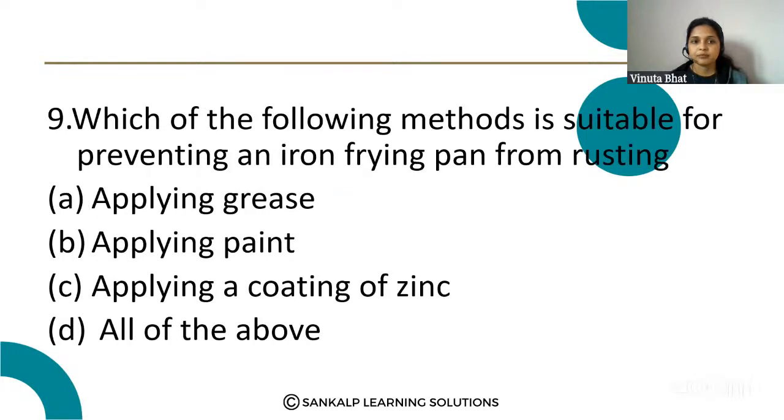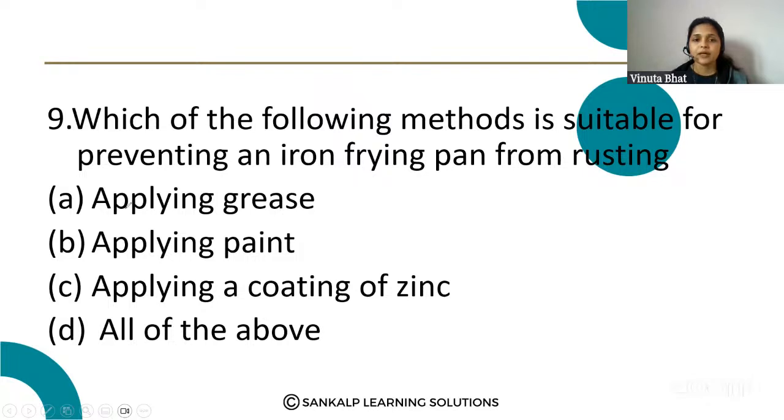Next question. Which of the following methods is suitable for preventing an iron frying pan from rusting? Applying grease, applying paint, applying a coating of zinc, all of the above.